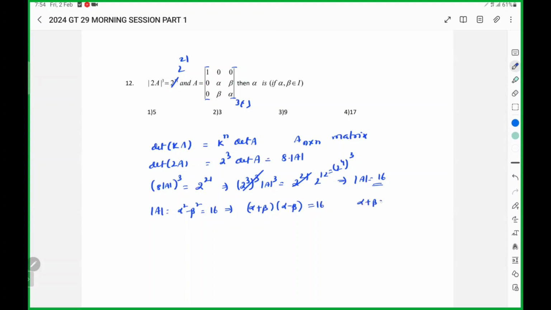Many possibilities will come. 16 into 1, 2 alpha is 17, but he told alpha and beta are integers. It is not possible. Let us go with another possibility. 2 alpha is 10, alpha is 5. Beta will be 8 minus 10, minus 2. Alpha is 5, beta is 3.